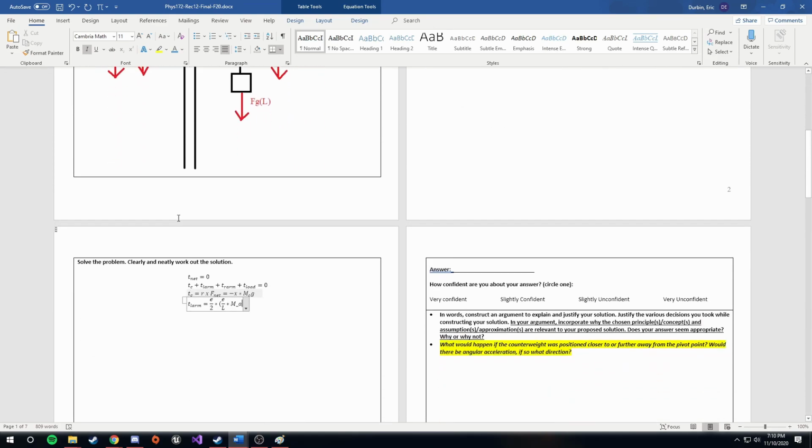It's just M arm. And this would also be negative, which would equal negative E squared over 2L M arm G.